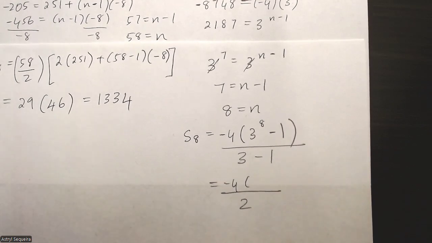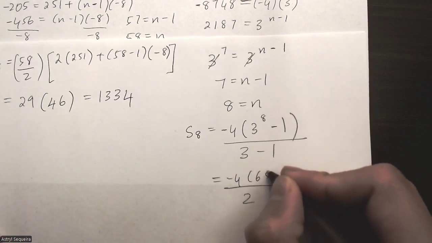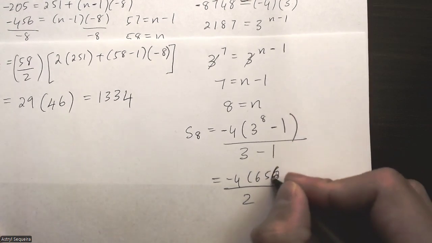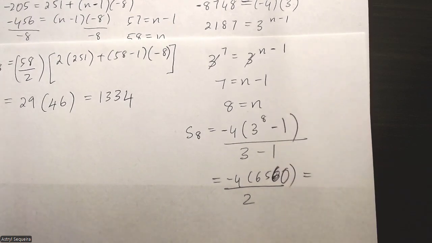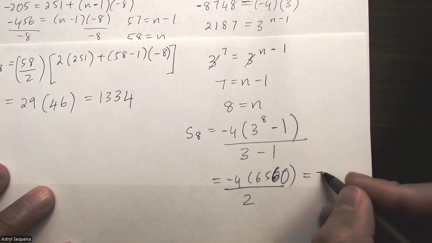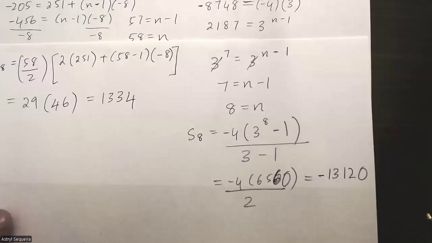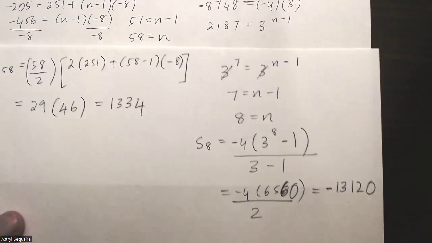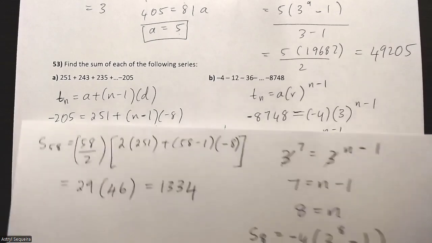I'll do the top in my calculator. 65660. If I calculate this, I'll get the sum of this series to be negative 13120. So those are the two answers for question 53A and 53B.